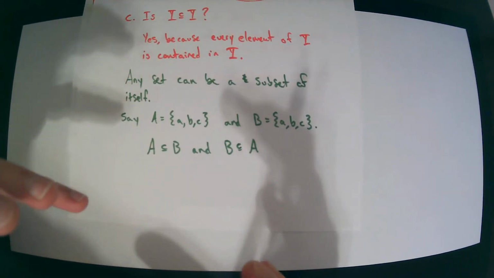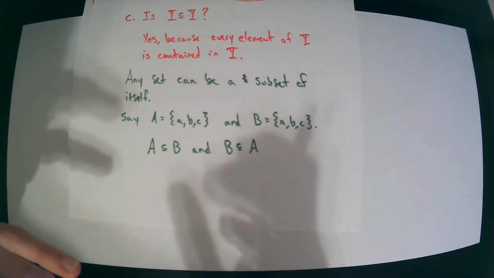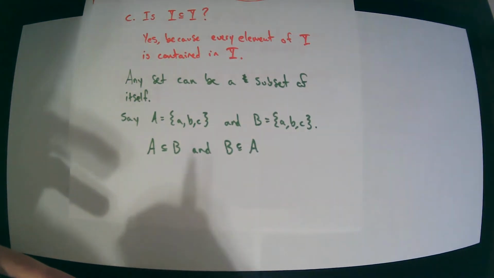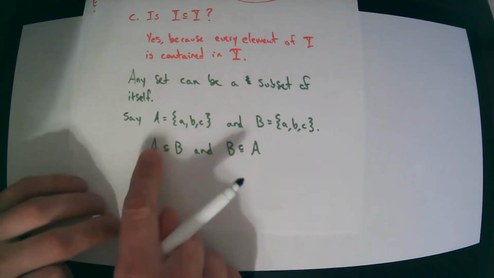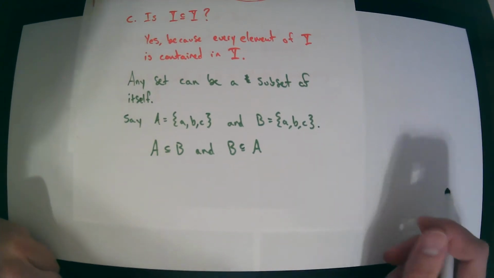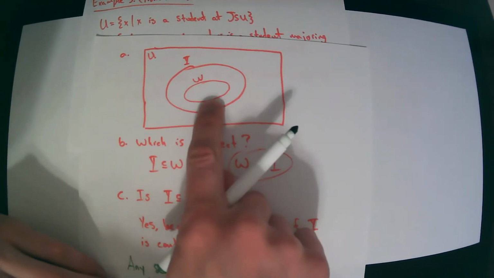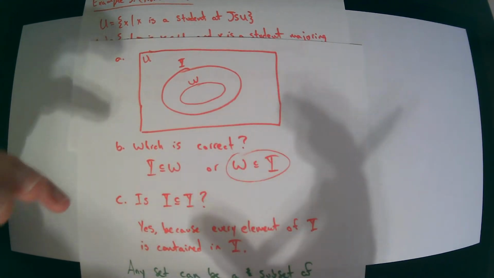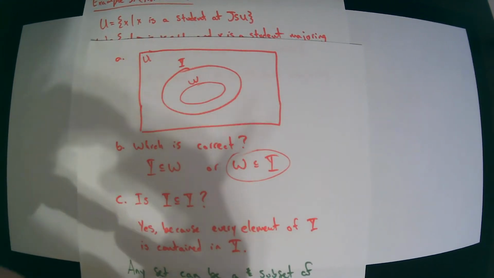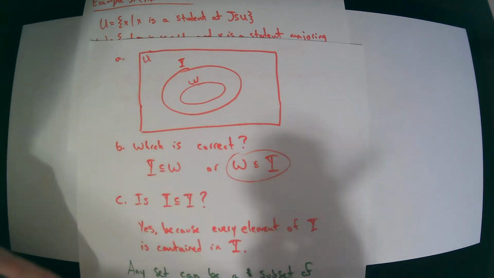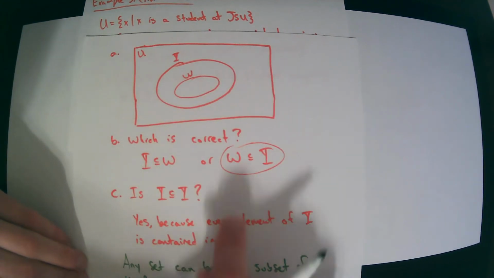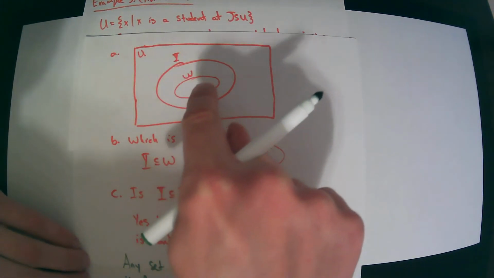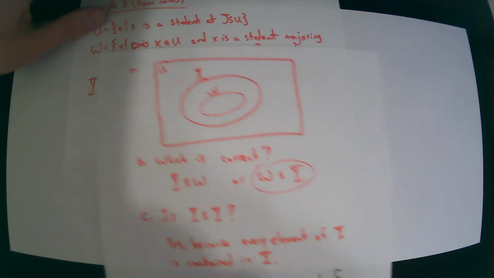We want to be able to distinguish between weird situations like this, where the sets are just equal to each other, and situations like this, where one is actually completely contained in the other, and it's not a weird technicality where they're equal to each other. Like, this is an actual proper subset of this, and that's the actual definition. It's proper subset. So let's get that written down.